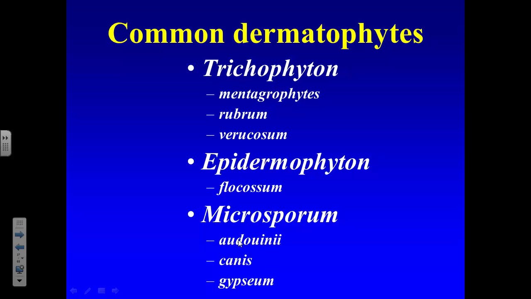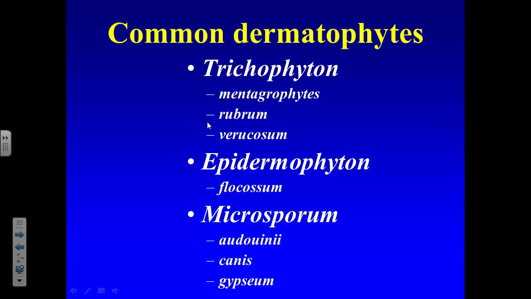As far as the species names, it's not very important. You may hear Trichophyton mentagrophytes, floccosum, or audouinii, or canis. You may hear them. The important thing is to know that these are all fungal names, and if you have a tinea, you have a fungal infection, and it's a eukaryote.